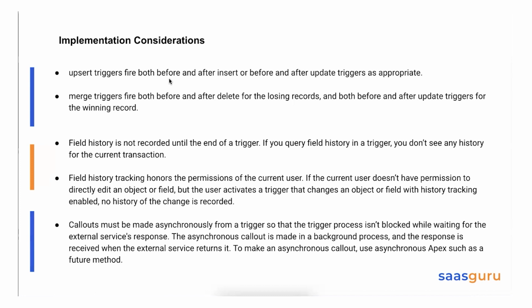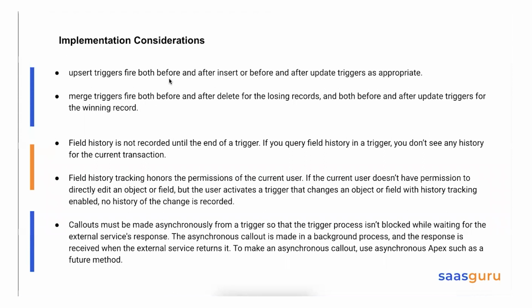So you need to implement the logic accordingly. Suppose some requirement comes where records are going to be upserted, then you need to implement properly for before insert, after insert, before update, and after update.